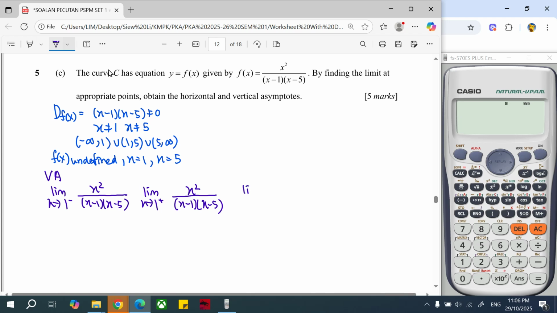Then another point here will be x equals 5, so the limit as x approaches 5 from the left and the limit as x approaches 5 from the right.